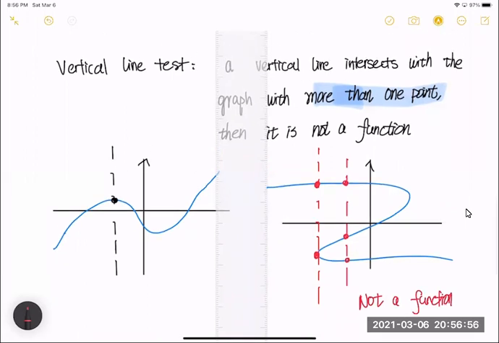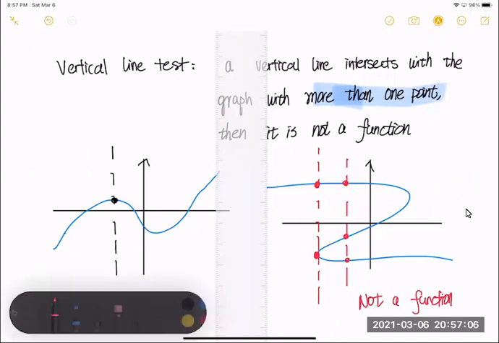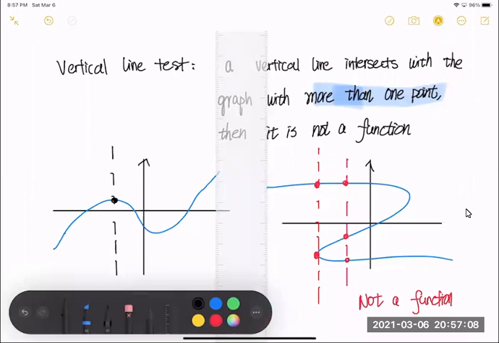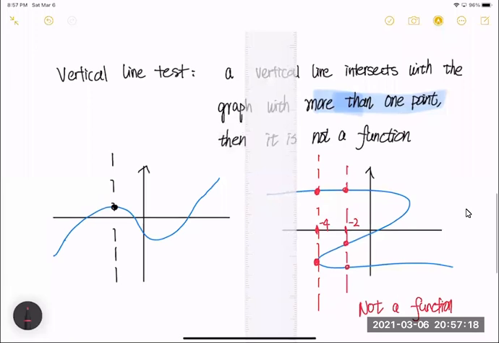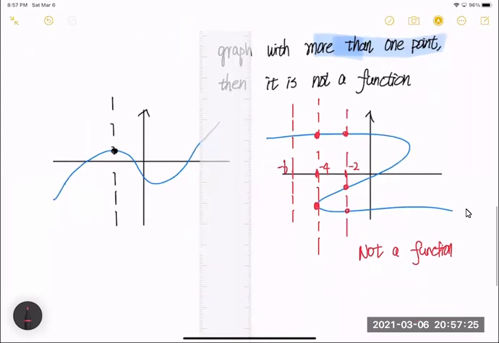So if you look at the idea of the vertical line test in an algebraic way, when it comes to the relationship of y and x, what happens? For example, here is x equals -2, and this is x equals -4, and let's say we have this line, which is x equals -6. When x equals -6, y only has one value, right?